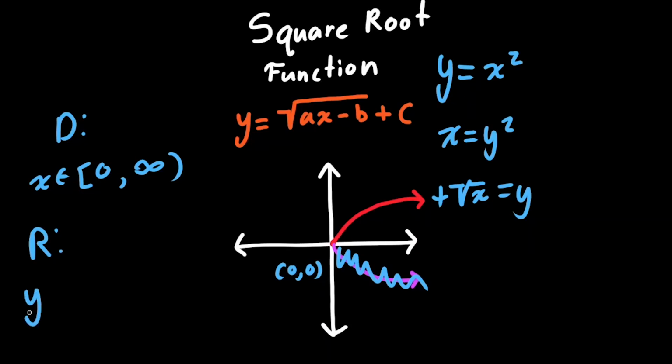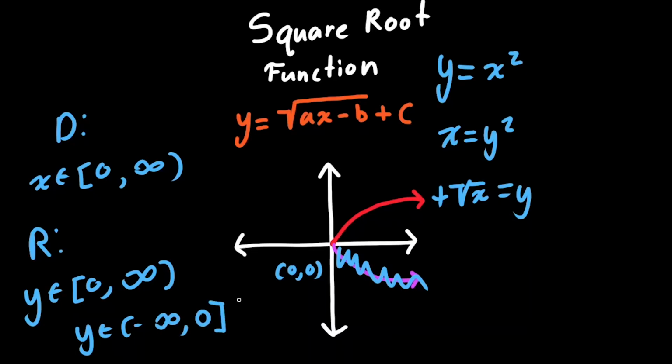The range includes everything from 0 to infinity, because we're taking the positive square root. If it were the negative square root, it would actually be y includes negative infinity to 0, if we wanted to use the pink graph instead of the red graph. But since we're taking the red graph, that's not really pertinent.